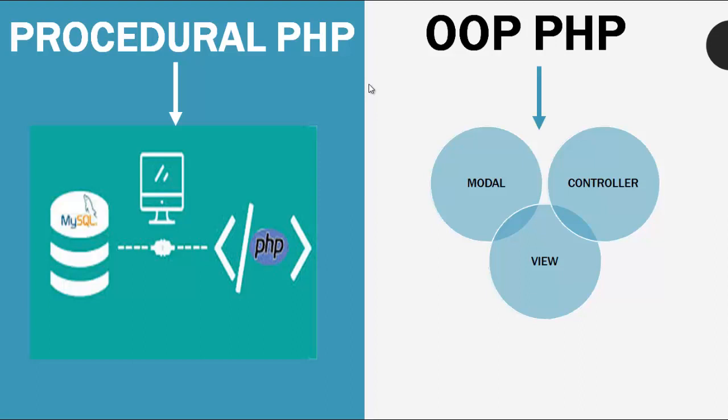First we made the connection with the database in every file, and after that we did the SQL queries and many other processes in every file. We did not make separate files, and that is known as procedural PHP, which has a direct connection with the database.